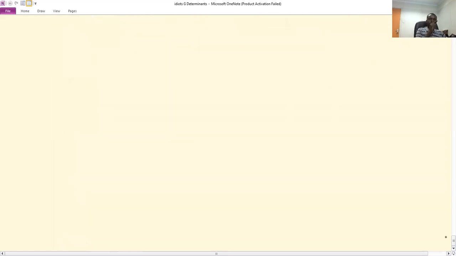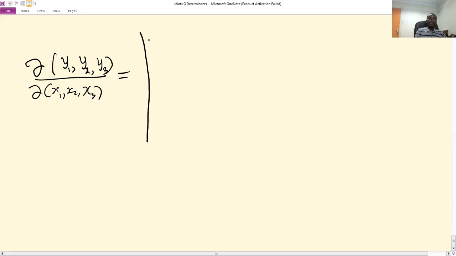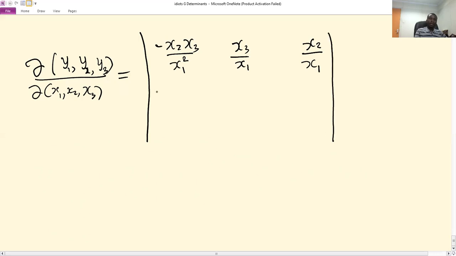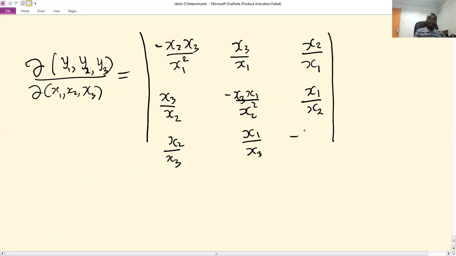So replacing those values in the formula, we get minus x2 x3 over x1 squared, then x3 over x1, then x2 over x1, and then x3 over x2, minus x3 x1 over x2 squared, x1 over x2, x2 over x3, x1 over x3, negative x1 x2 over x3 squared.